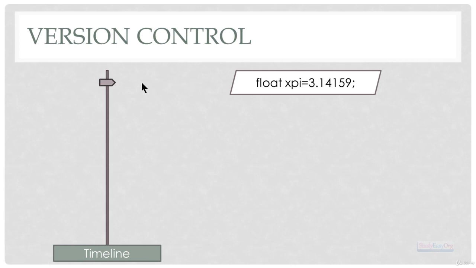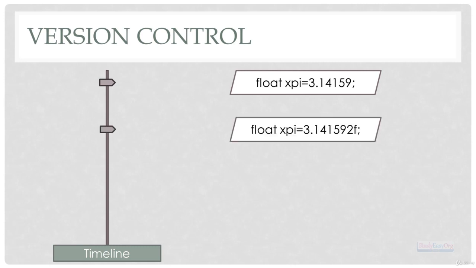Now imagine there is this statement in our program, and imagine that this is a perfectly fine statement. We will deal more with programming later down the line, but as of now understand that this is a perfectly fine statement. Later down the line, imagine that a developer has made some slight changes, so there are minor changes in our software.